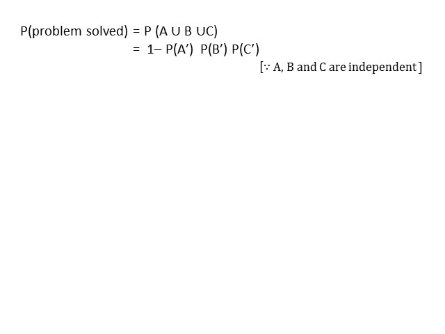This result we have discussed in previous lecture. Now put the values, we get P(A union B union C) equals 1 minus 1 by 2 multiply 2 by 3 multiply 3 by 4 equals 1 minus 1 by 4 equals 3 by 4.